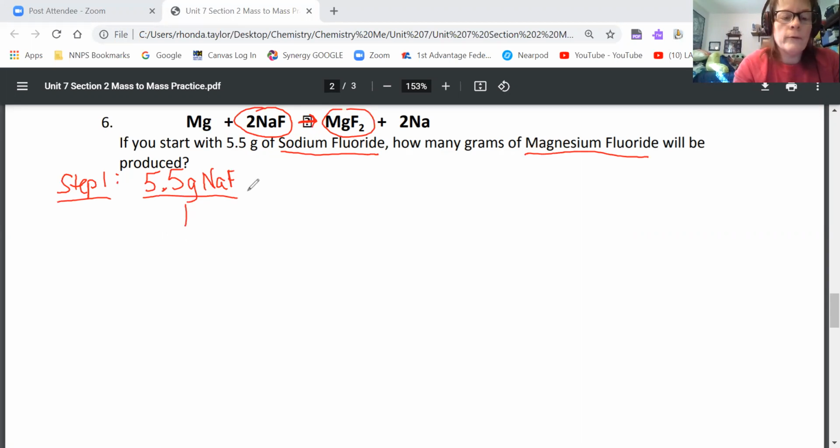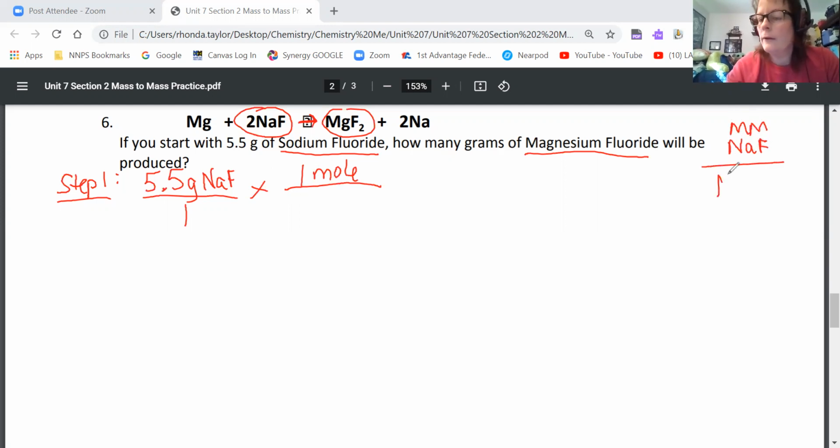All right, well, so we got to convert this to moles. 1 mole, we got to do our molar mass. So let's go over here. We have a little space and do our molar mass of sodium fluoride. Sodium is like 23, and then fluorine is 19.